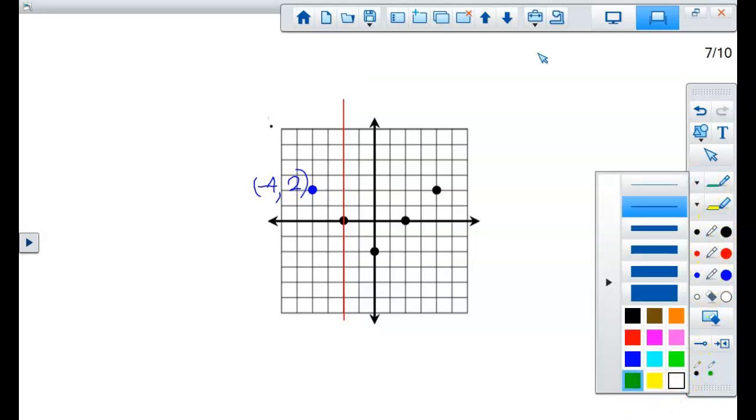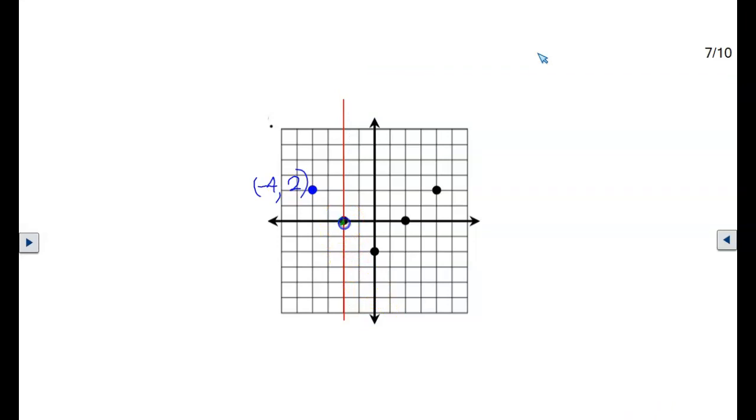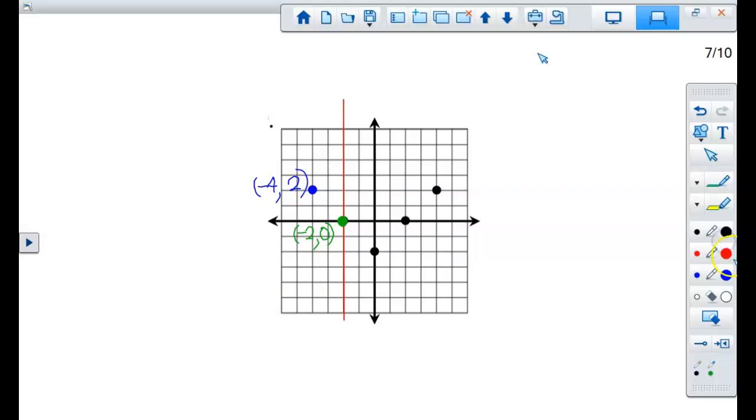So this time I see my vertical line is touching this point of the graph. That's where it comes in contact, and that's the only point it touches. That would be negative 2 for x, and then that would be 0 for y, because that's on the x-axis. So notice on this graph that negative 2 connects to 0.